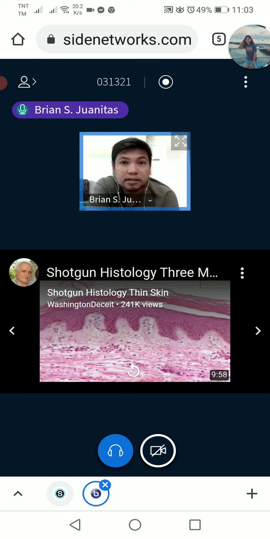It is striated not because of the movement of the muscle itself, but because of the intercalated disc. That makes it striated. And lastly we have smooth muscle. It was named smooth muscle because it has no striations compared to the other two types of muscles. So I guess it was already clear.